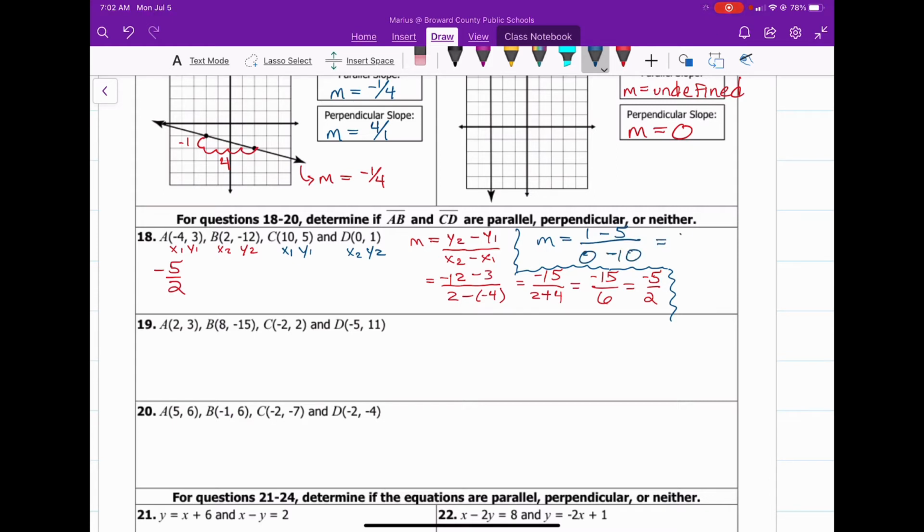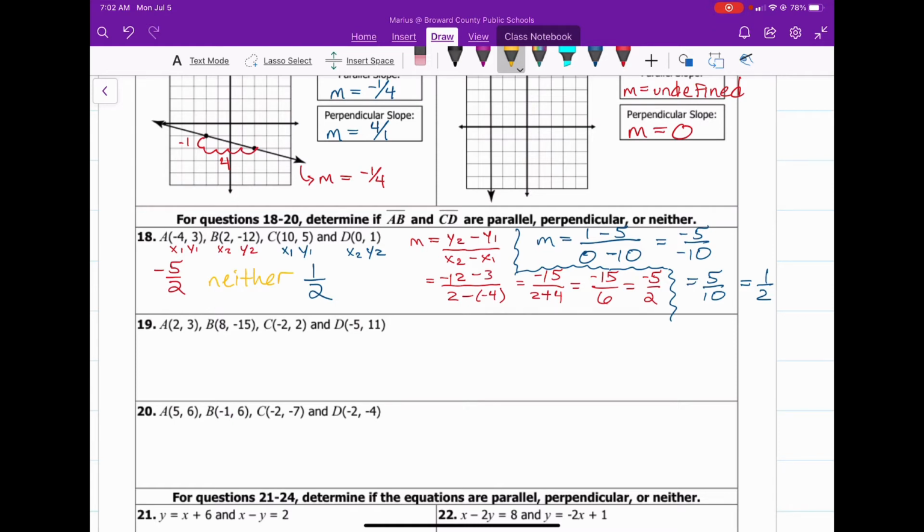That's going to be negative 5 divided by negative 10. Negative divided by negative is a positive, so that's positive 5 over 10, and we can reduce that to positive 1/2. So this slope is 1/2. These are neither. They are not parallel, they are not perpendicular. Neither.